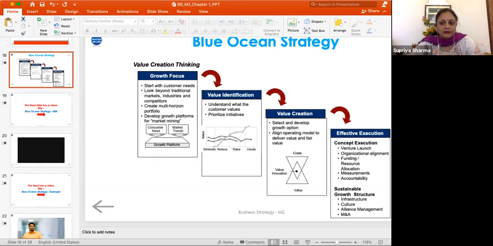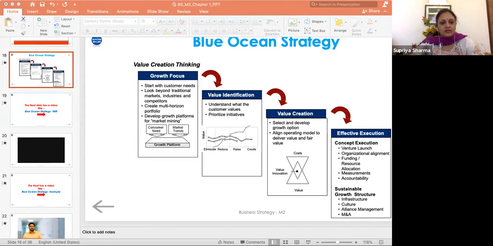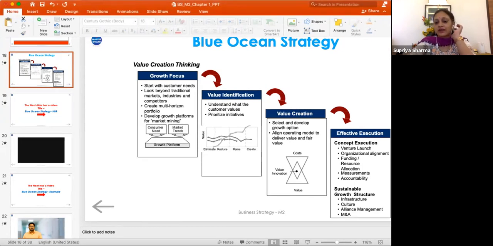By getting this utility, price, cost equation right. Your initiatives should be designed in such a way that utility, price, and cost, the value equation automatically will come right. And from there, the value creation will happen.